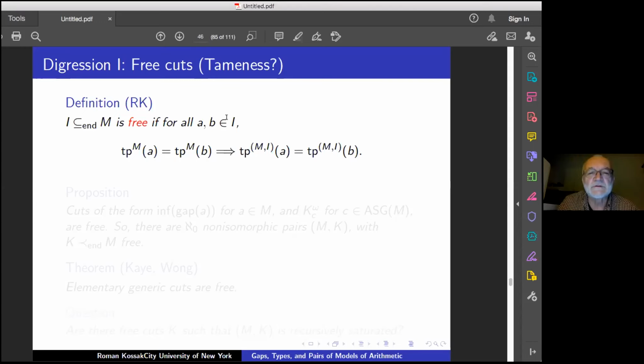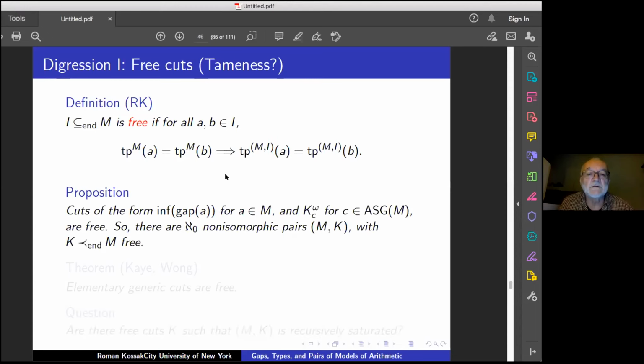You can say, well, why are we restricting this to just a and b in I? Maybe there could also be any a and b above I, but then in the case of arithmetic, there wouldn't be any free cuts, because of the coding power. So this really makes sense for elementary cuts and for elements inside a cut. And the question is, do they exist? One thinks about it for a while, and there are various proofs.